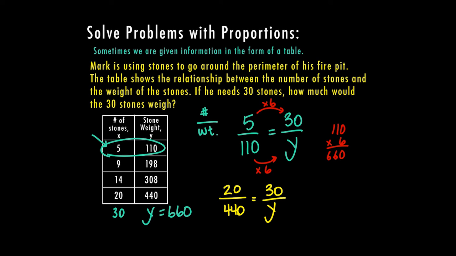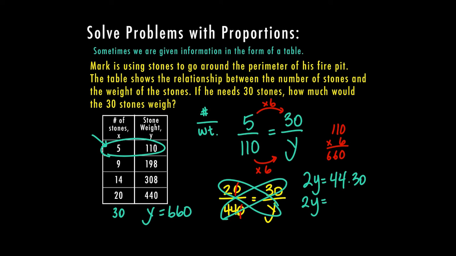First thing, I'm going to simplify this a little bit by taking these zeros off of the fraction on the left side. And now I can just use my cross product. So I'm doing 44 times 30 equals 2 times y. If 2y equals 44 times 30, I know that 44 times 30 equals 1,320.